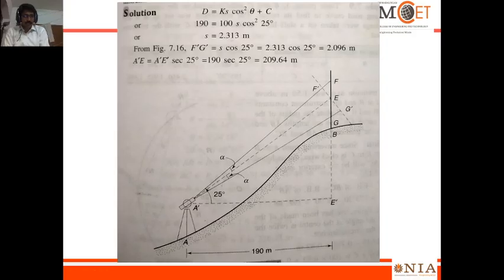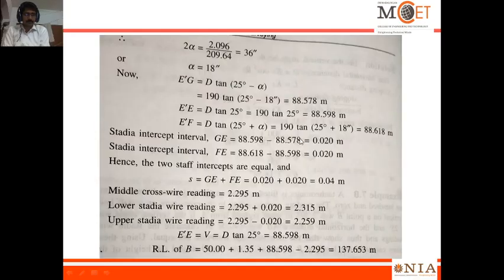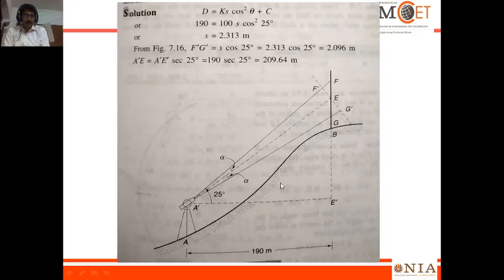So E dash G can be obtained: cos 25 degree minus alpha is equal to adjacent by hypotenuse, but they have used tan, so opposite by adjacent. So E dash G by A dash E dash.